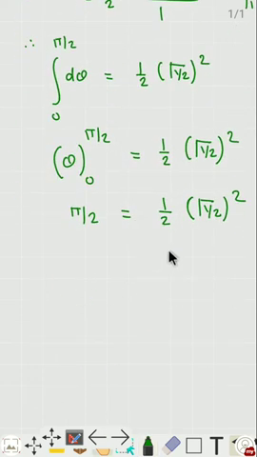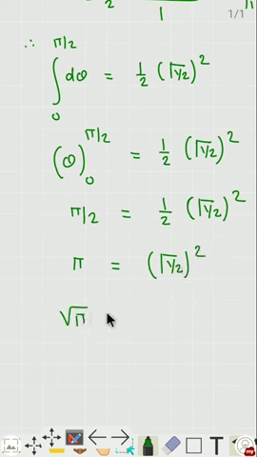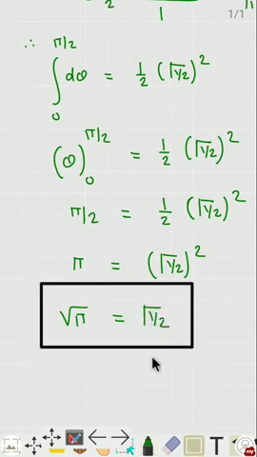Okay, 2 will get cancelled. On the left hand side only pi is left. On the right hand side it is gamma half squared, taking square root, it is square root of pi, equal to gamma half, and thus we proved the fifth property. So gamma half is root pi.